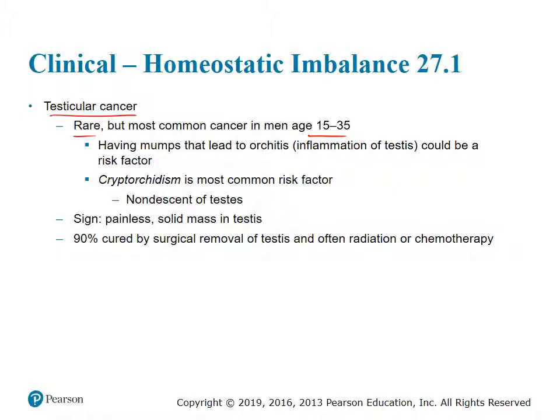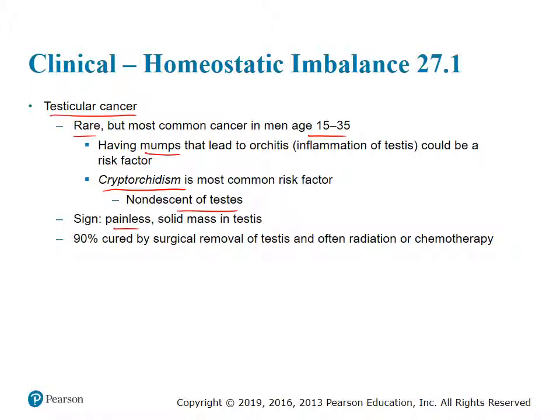So we see mumps relates, right? There's a correlation between having mumps and then actually getting testicular cancer, and then some other genetic conditions. This one here is where the testes don't descend, so we see that occurring, and that actually gives you a very high risk of testicular cancer.